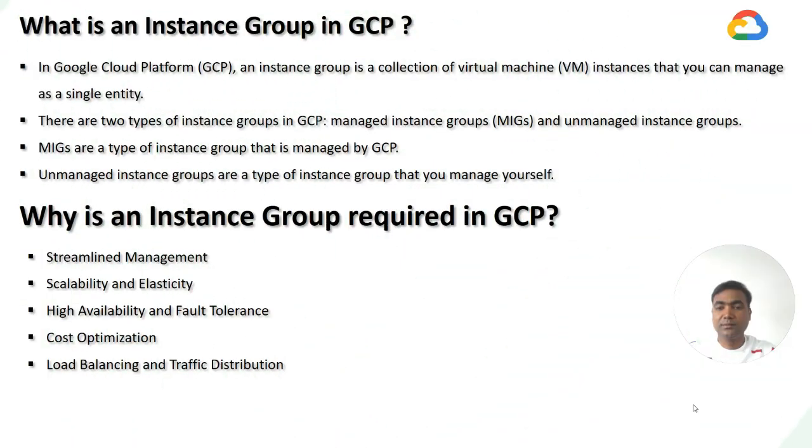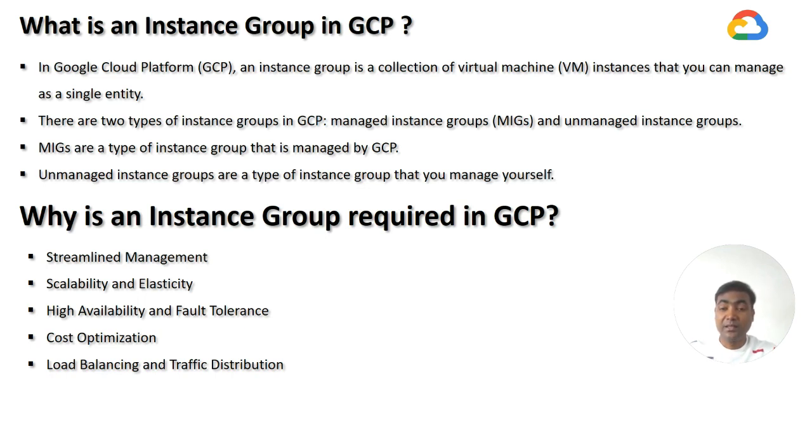Guys, as you can see here, why is an instance group required in Google Cloud Platform? You know guys, instance groups play a crucial role in managing virtual machine instances in Google Cloud Platform. They offer several advantages that make them an essential tool for organizations operating in the cloud environment. Streamline management.